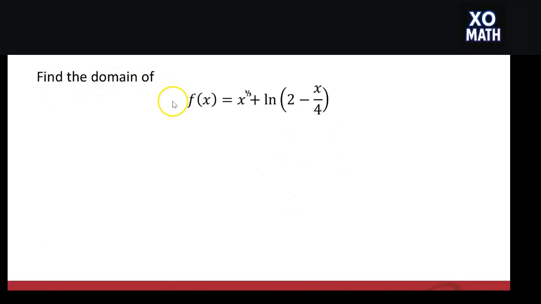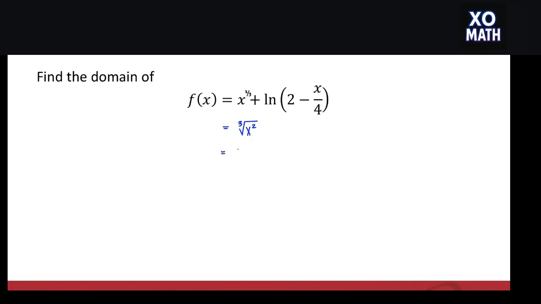Now let's find the domain of f of x equals x to the 2/3 plus natural log of the quantity 2 minus x divided by 4. We're going to have to think about the domain of each part of this sum individually and then where they intersect. We'll start with x to the 2/3. We can think about this as the cube root of x squared, and we could break it down even farther.